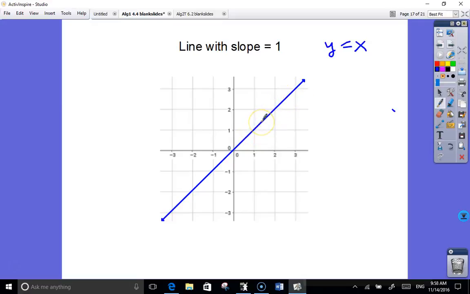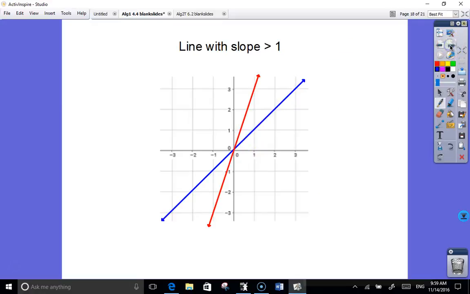That line goes exactly in the middle of the first quadrant. How many degrees are there between the x and the y-axis? Meaning, what's a right angle? 90. So this is cutting it in half. It's 45 degrees. That's the line with a slope of 1.